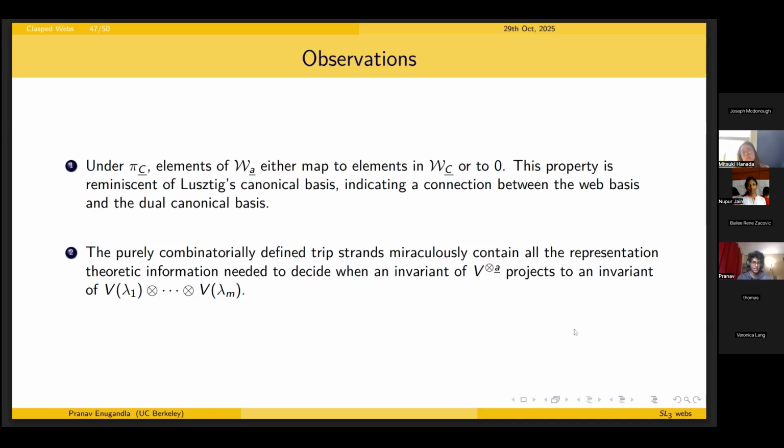Christian and I have thought about this a lot: what are trips actually telling you about morphisms of representations? There doesn't seem to be an obvious way to interpret trips, but somehow they carry just enough information for you to decide whether something is non-convex or not. This is kind of miraculous, but we don't have an explanation for why it is true.